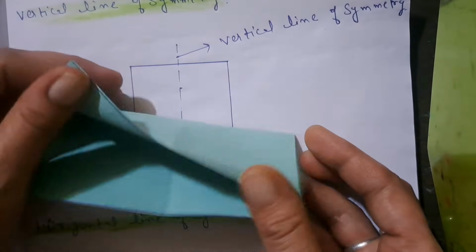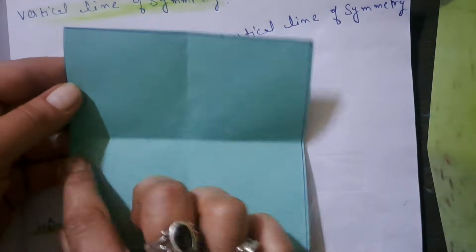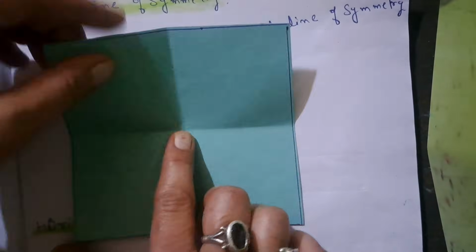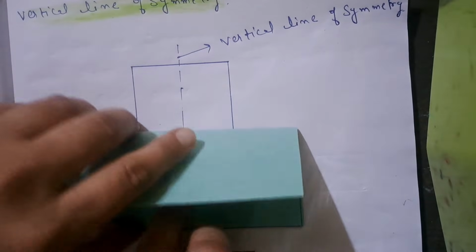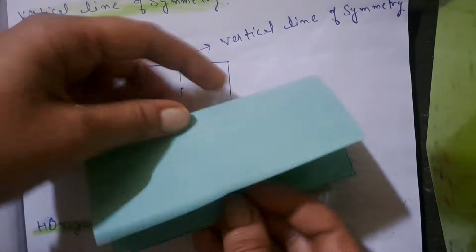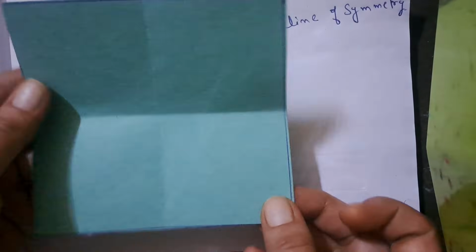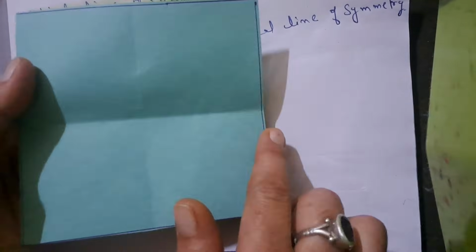Now look at this. This is a horizontal line of symmetry, and this also divides into two equal halves which exactly match each other. So this is a horizontal line of symmetry and this is a vertical line of symmetry.